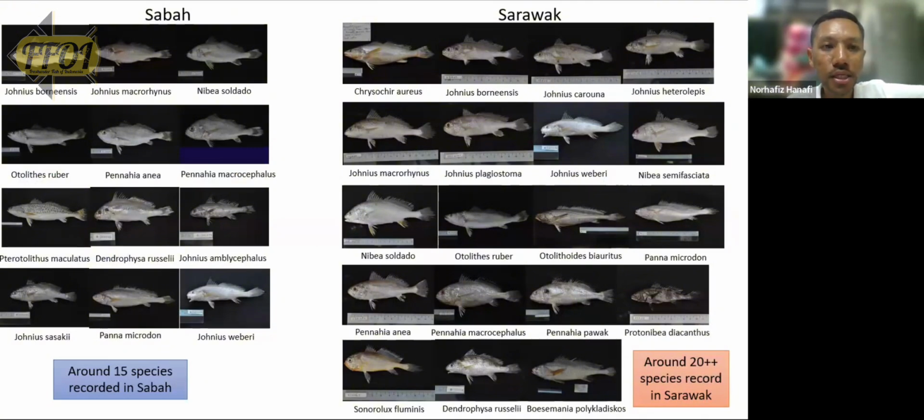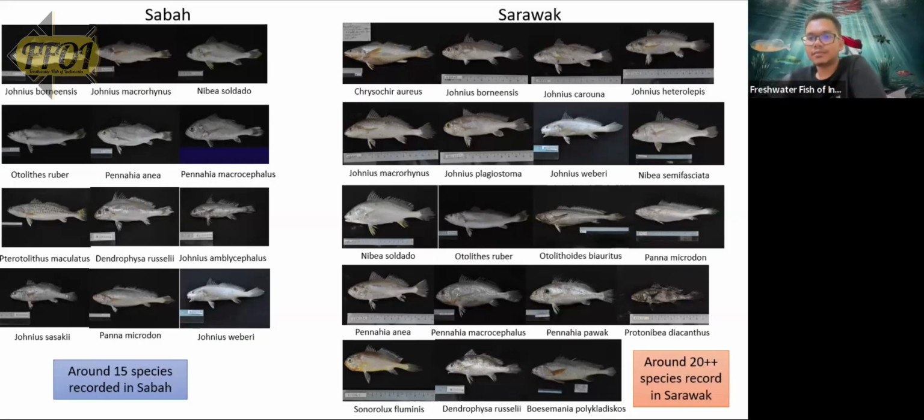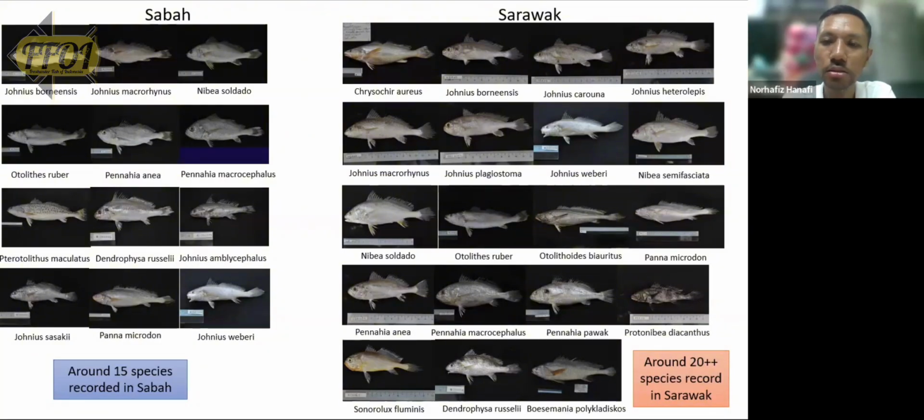Dan di sini, kita kalau sempat kita boleh buat paper untuk benda ni. Sebab ni tak come out lagi paper, tapi untuk your reference, untuk this information, Sabah have 15 species, Sarawak 20 record species. Dan I believe Pontianak dekat dengan Sarawak banyak. You almost same recorded with the Sarawak.